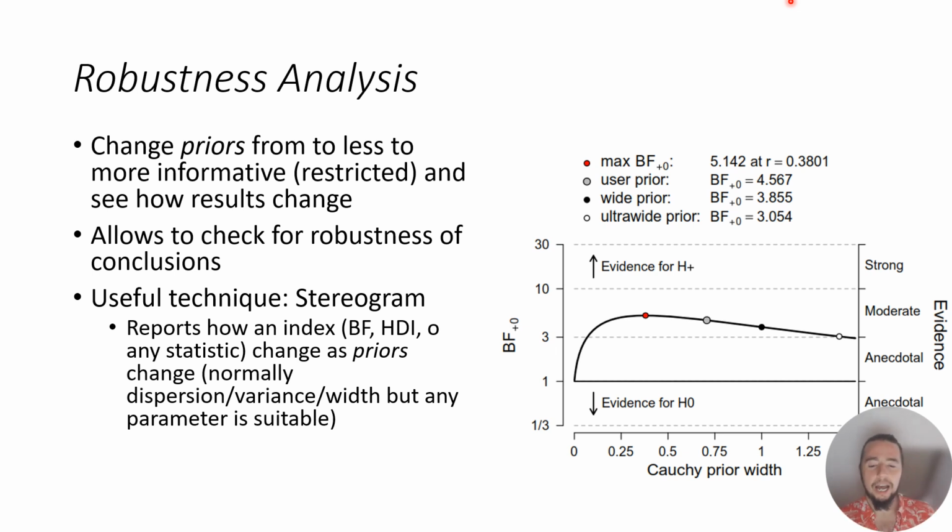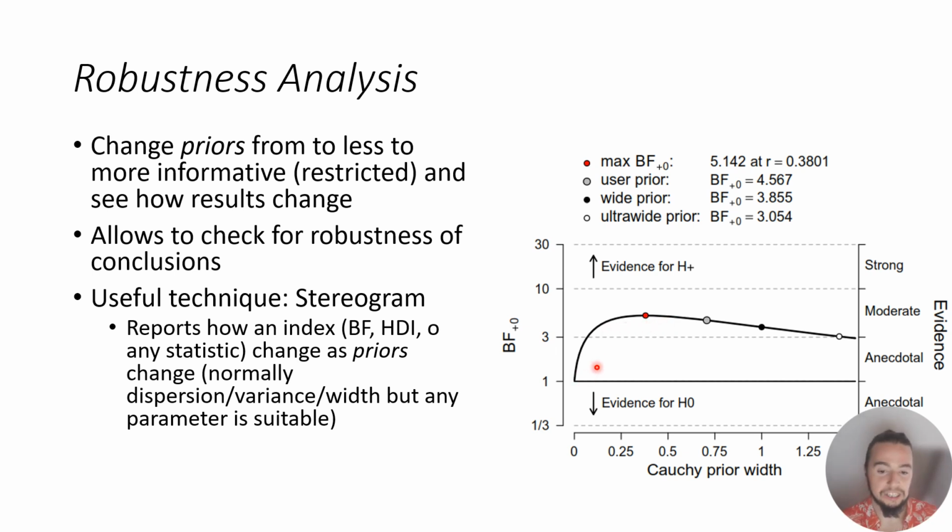Okay, so a useful technique to do this is basically having a control set of priors. For example, assuming the same prior for all of these models and choosing only one parameter to change, the parameter of variance, and then plot all of the possible values of the prior and see how the bias factor changes.